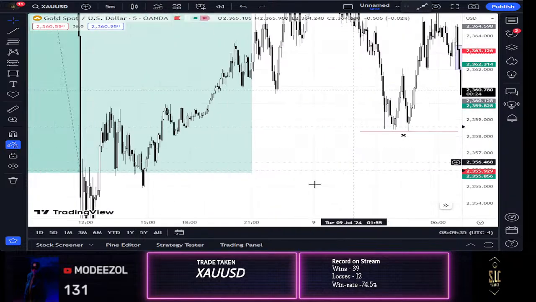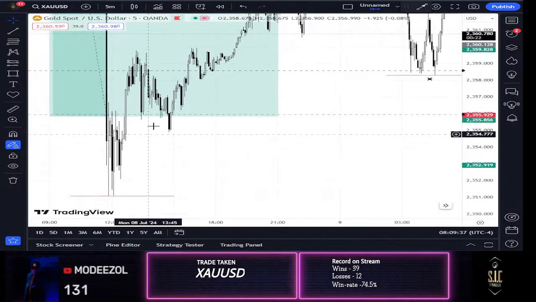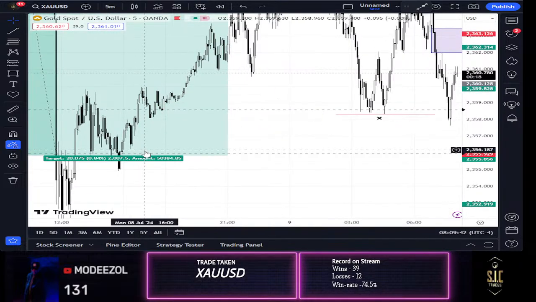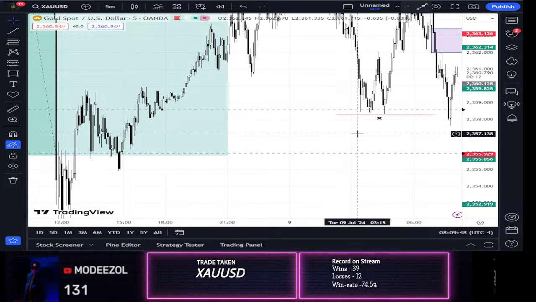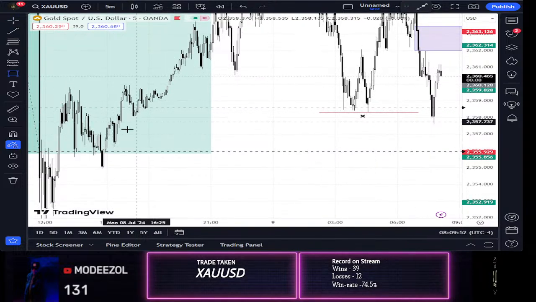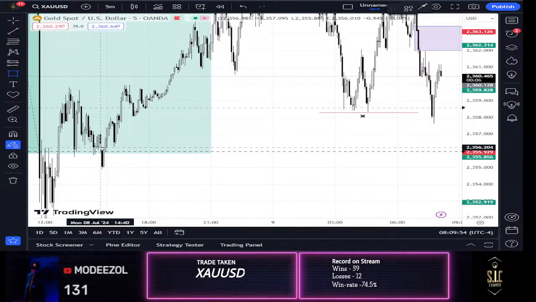So let's see, what else do we have? Anything else over here? Small little gap over here, a very tiny little gap right here. So there is a gap below, but it's on the 5-minute and it's very small.